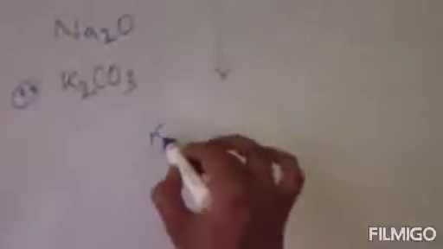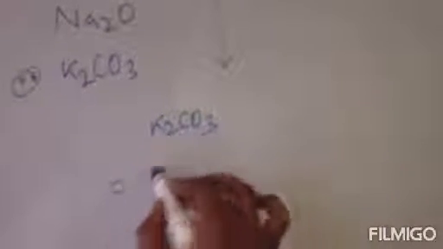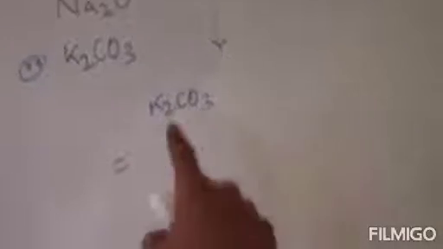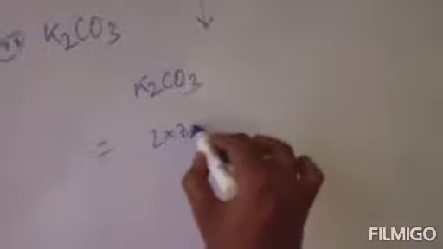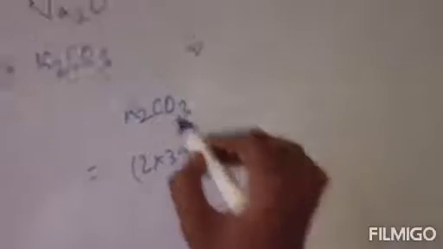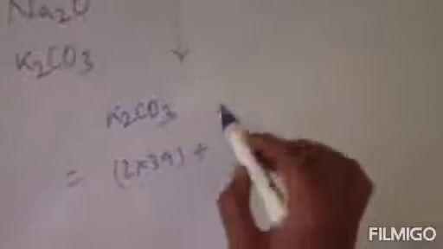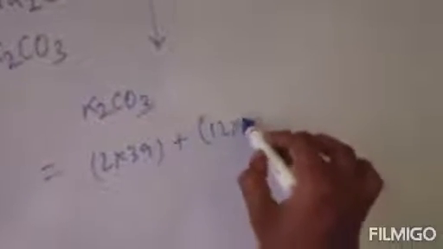K2CO3. Formula unit mass of potassium is 39 for one potassium atom. But here 2 potassium atoms are present, that means 2 into 39. 1 carbon atom is present and the mass of 1 carbon atom is 12, that means 12 into 1.